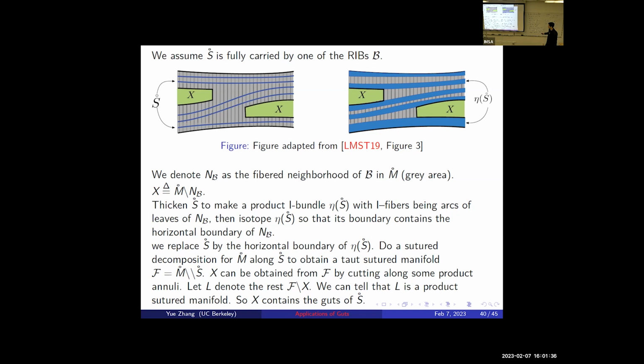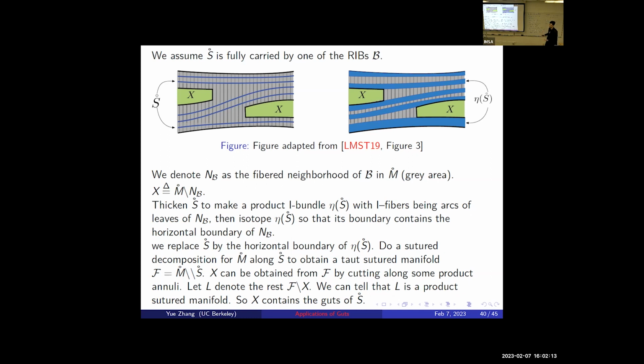So you move the top one to touch the top of X, and you move the bottom one to touch the bottom of X, so that the boundary of this neighborhood will contain the horizontal boundary of X. Then you just replace S circle with the boundary of this neighborhood.